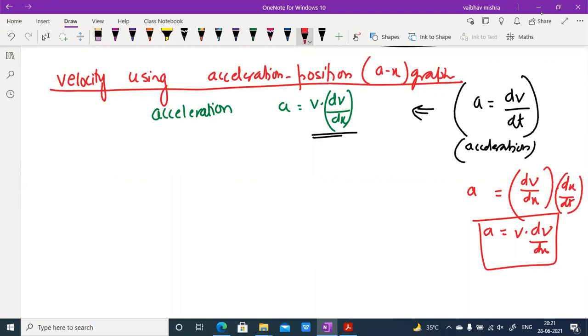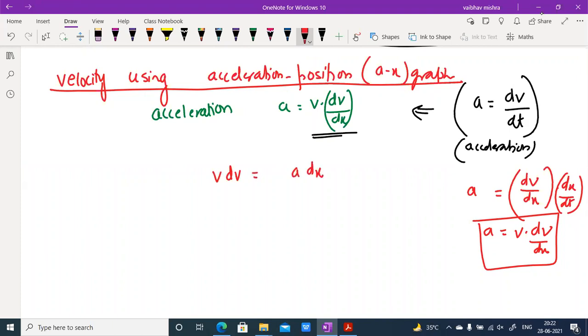Right. Now what will we do here, if we know the acceleration and we have to find velocity, then what should we do? We keep v and dv term on one side and acceleration on the other side.